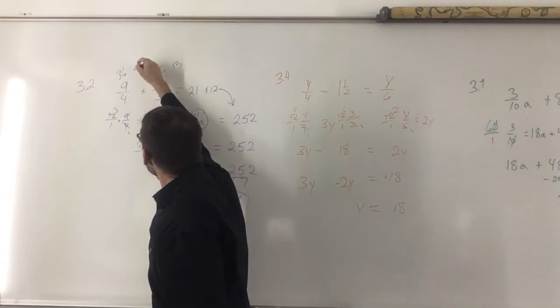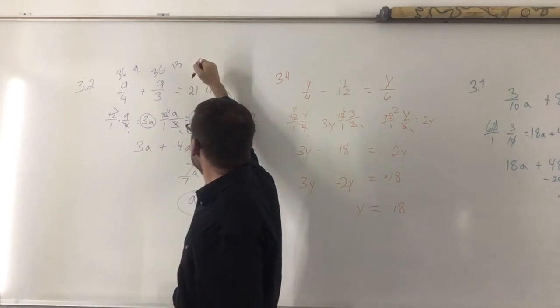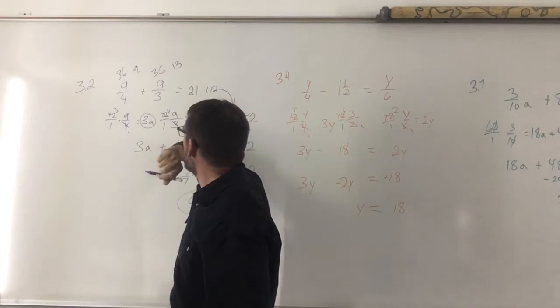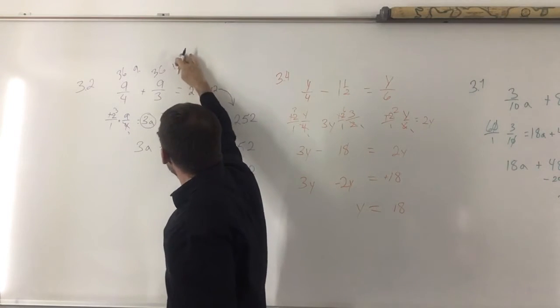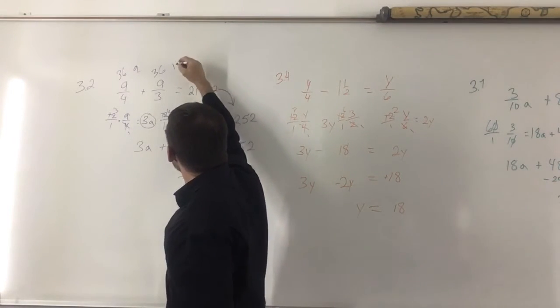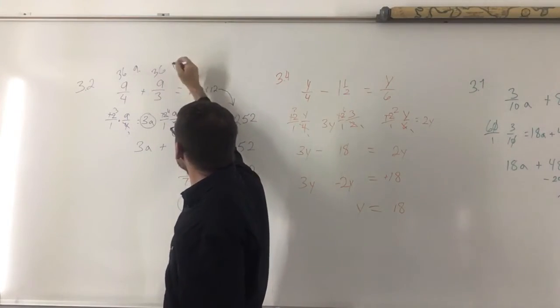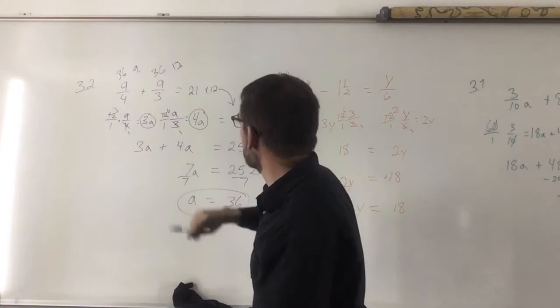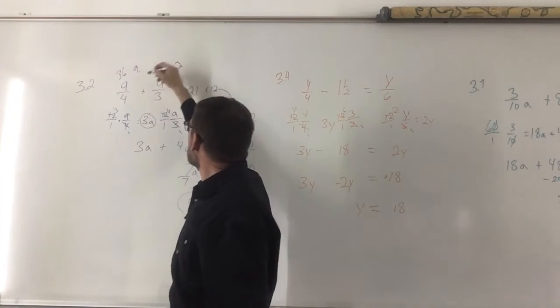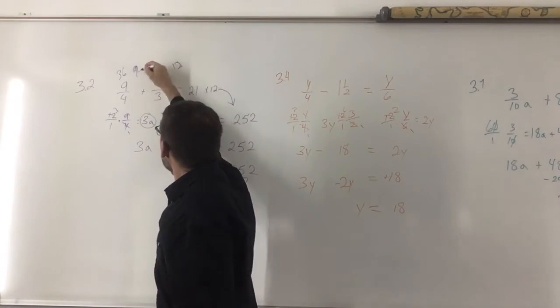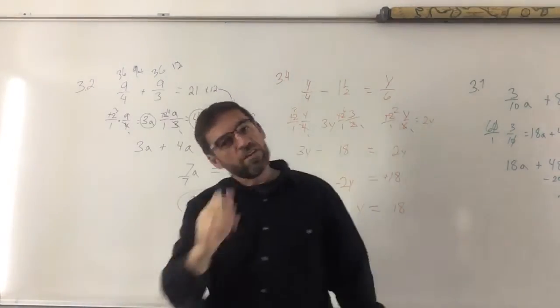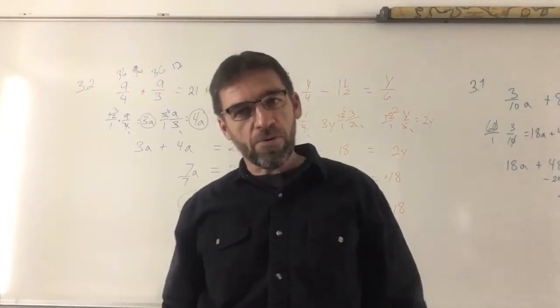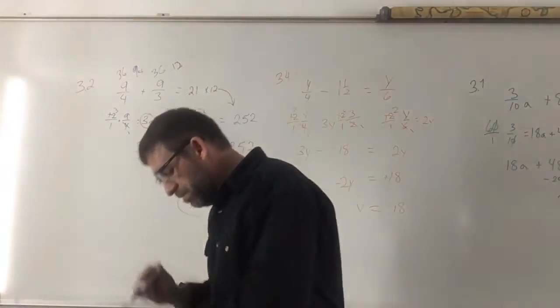So you got 9 plus 13 makes 22. Whoa! I didn't check right. 3 goes into 36 12 times instead of 13. I don't know what I was thinking. So you got 9 plus 12, which equals 21. See, it's not real hard to check. It's pretty easy. We checked that one.